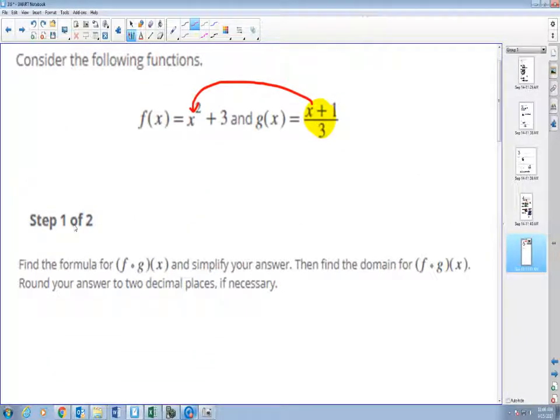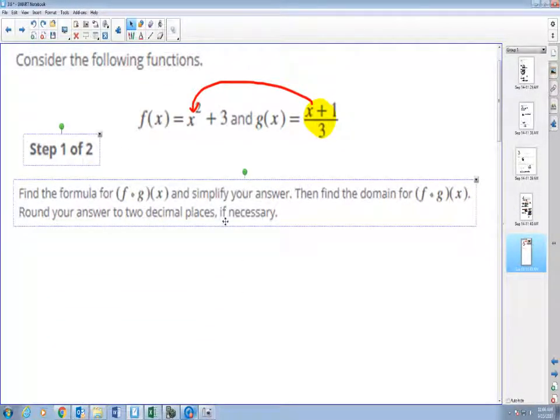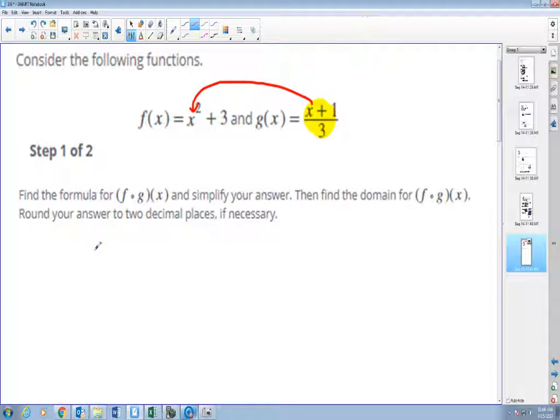So if we write it out, f of g of x. Normally my function f is x squared.